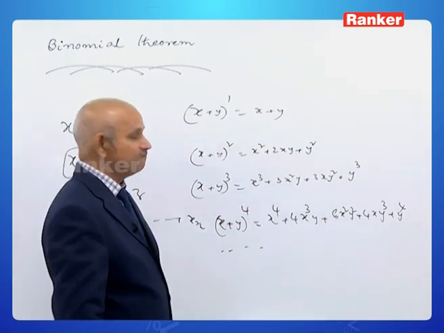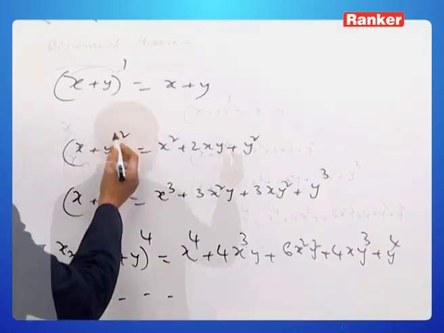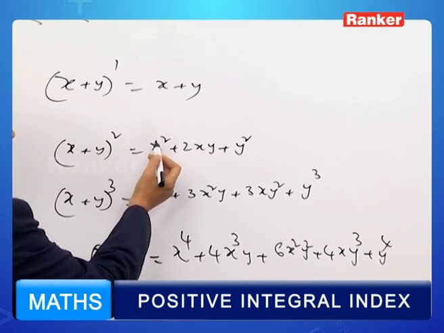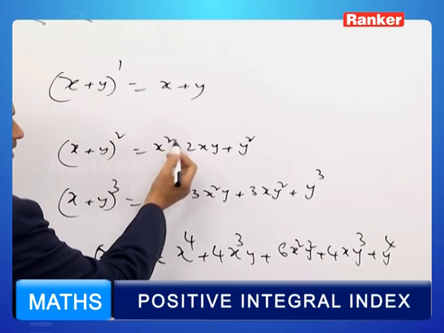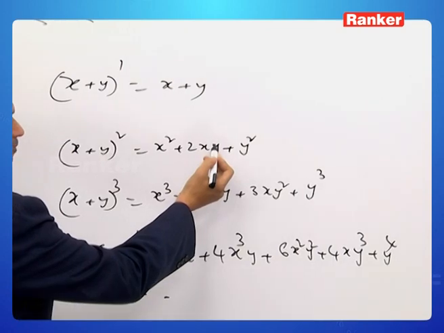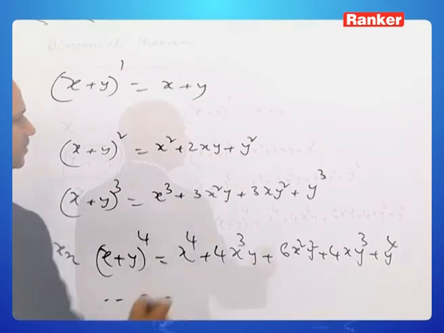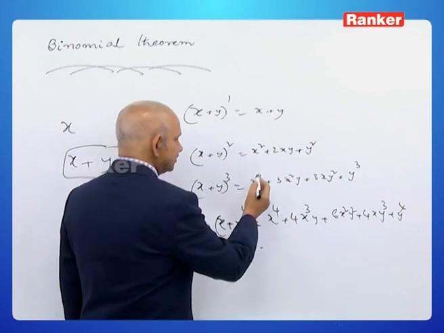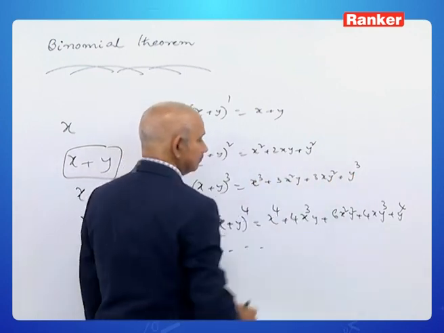Moreover, you can study one more thing. Whole square, full exponent 2 is given to x. Then 1 is reduced and is supplied to y. Full is supplied to y. Here, observe the powers of x: 3, 2, 1, 0.